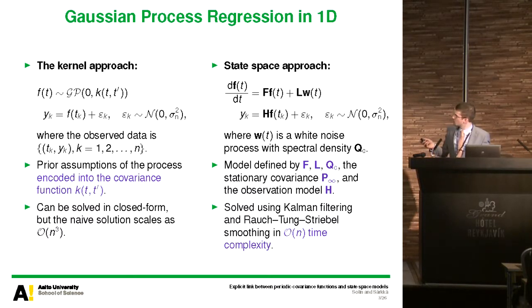The benefit of using the state space approach is that it allows us to use very efficient signal processing methods for solving the same inference problem. And this inference problem can be solved in O(n) time complexity. So that's very efficient when n grows large compared to the O(n^3) complexity.